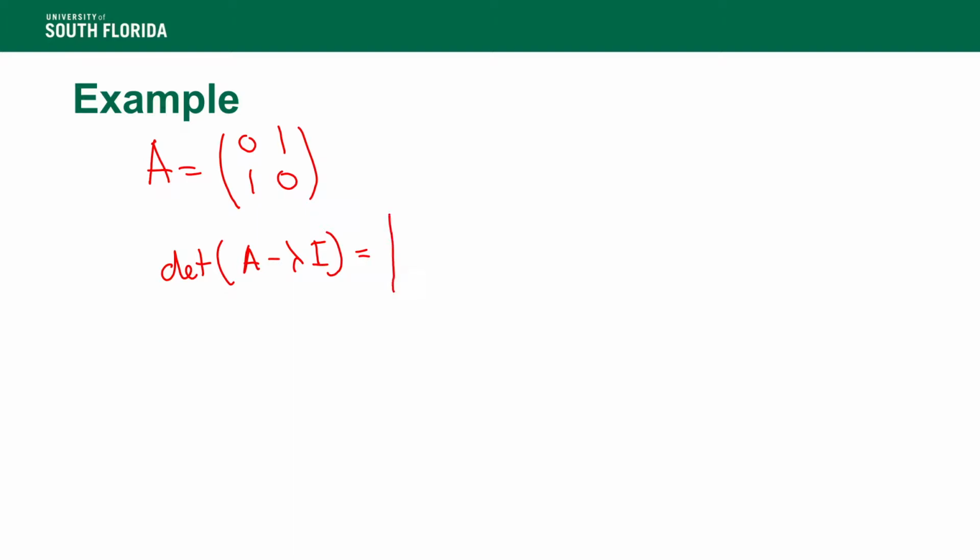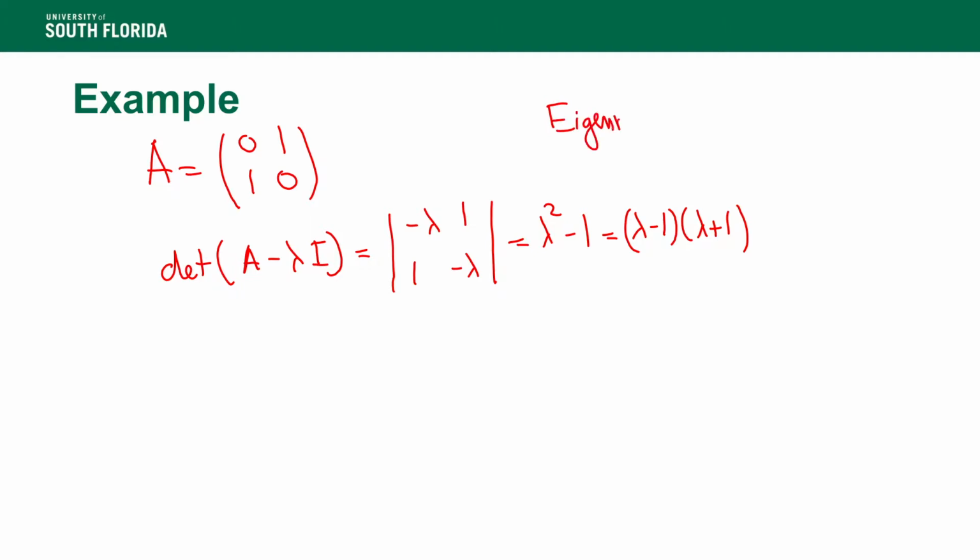It's equal to minus lambda, 1, 1, minus lambda, and that is lambda squared minus 1, which is lambda minus 1 times lambda plus 1, okay? So the eigenvalues are lambda equals 1 and minus 1.